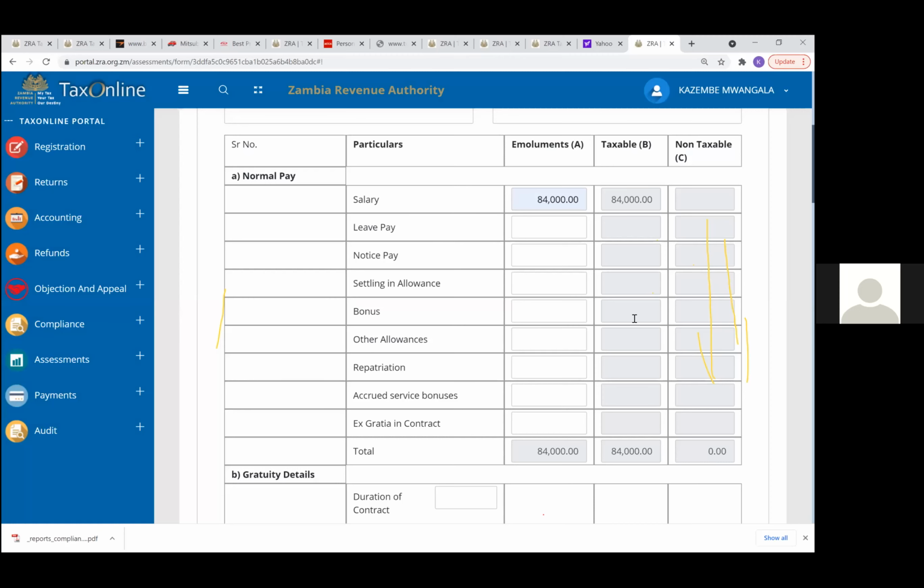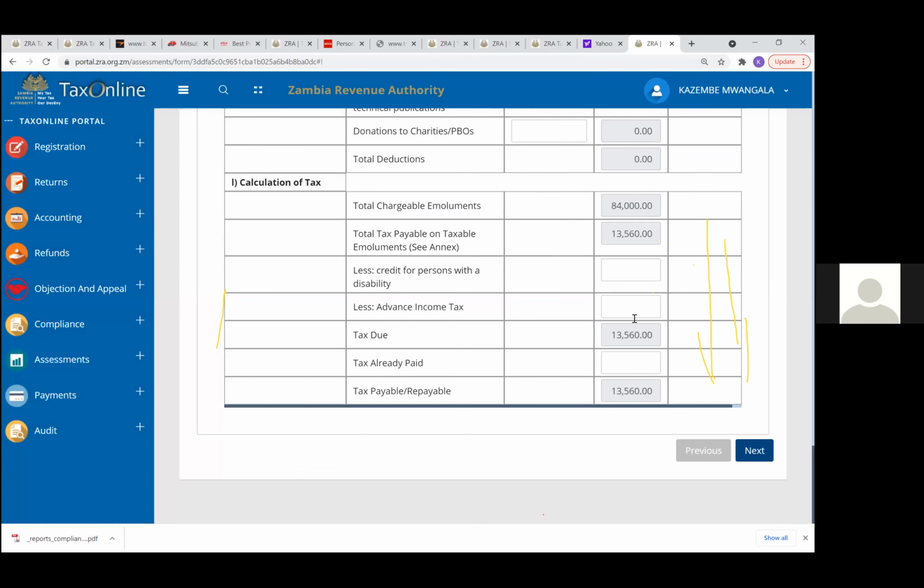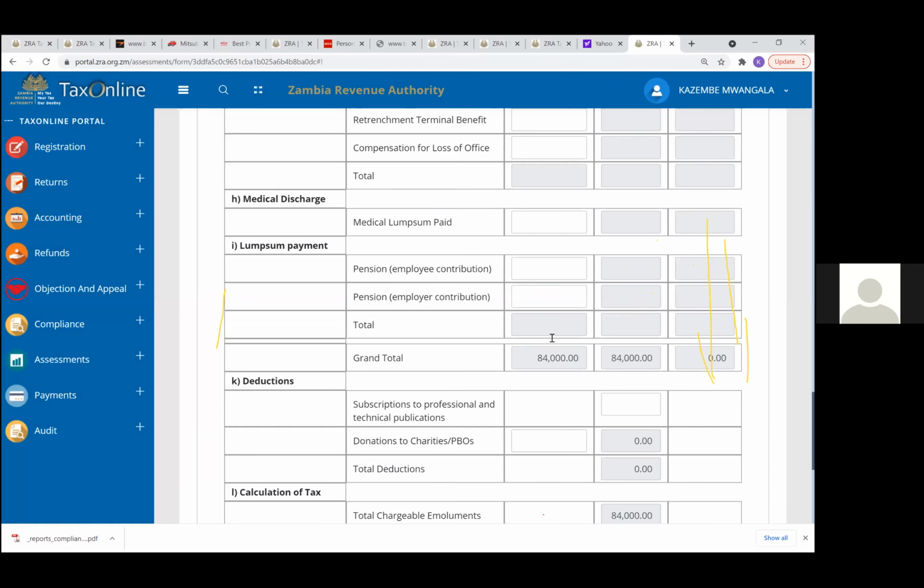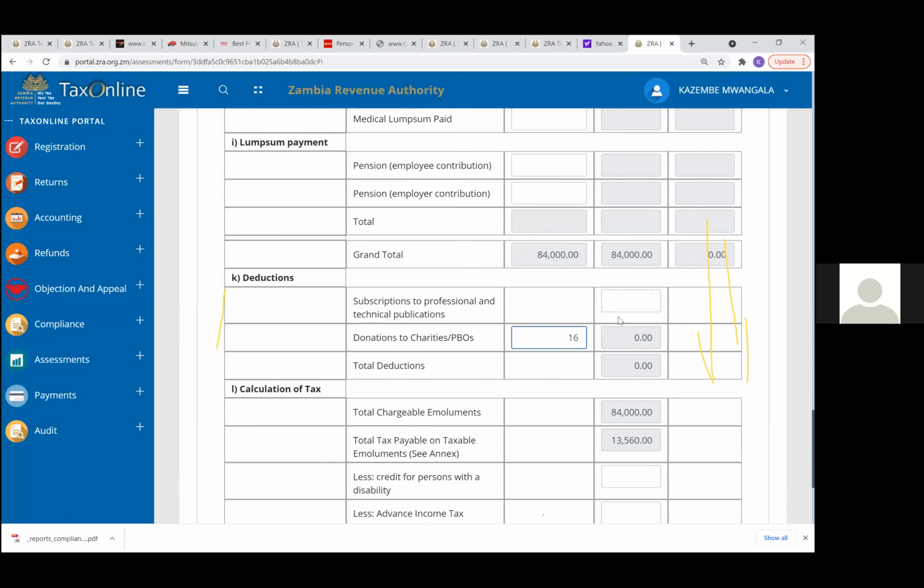But now if we say on this same 84,000, you retained tithes and offerings of 16,800 because you retain first and second tithe as it is called. So you see that the allowable deduction that will be given will be limited to 15%, like I said. At the same time, you made the subscription to Zika of 5,000 as annual subscription.